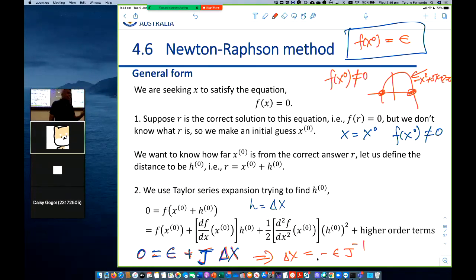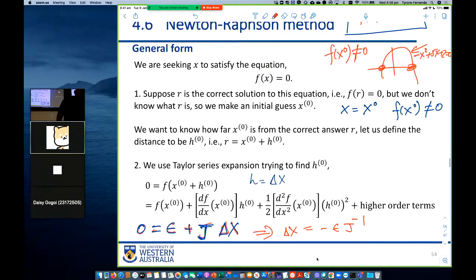Well, that's not the correct answer. But if I guess a value for x and substitute it in f, and the output of the function is close to 0, then we know we may be close to the correct solution for x.